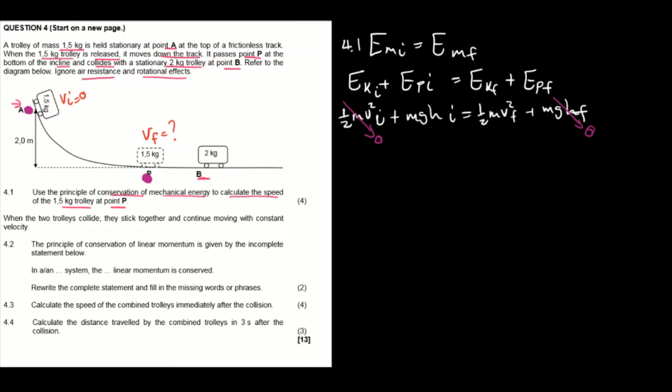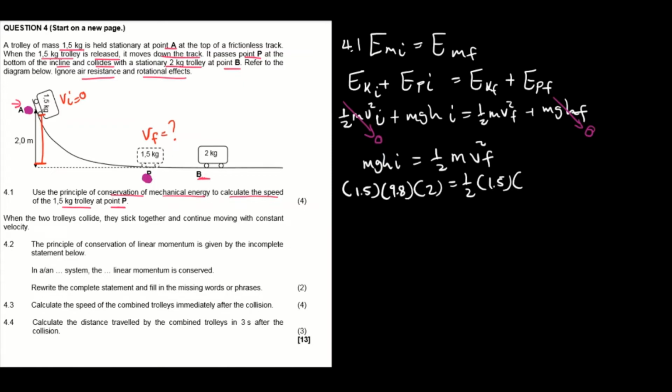So you're going to have mgh initial equal to 1 over 2 mv squared final, where the mass of the trolley is given as 1.5 kilograms multiplied by 9.8, and the initial height of the trolley is given as 2 meters. It equals 1 over 2 multiplied by the mass of the trolley, which is 1.5, and the V final that we're looking for.